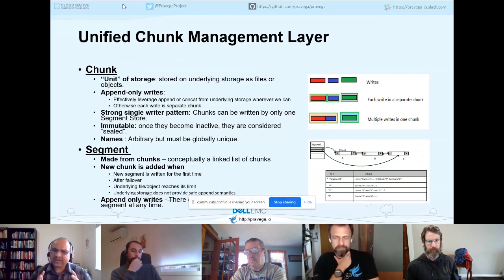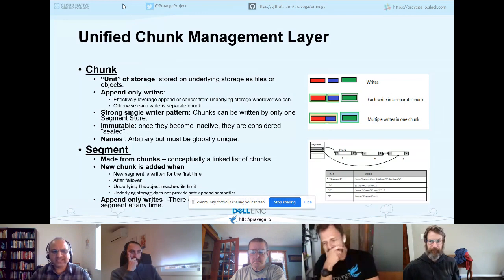A segment header has information about the segment itself, and then individual chunks, you can think of them as metadata records that point to the underlying files or objects. And conceptually, you can think of a segment as a linked list of chunks.